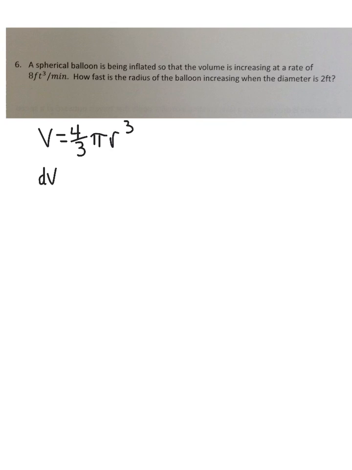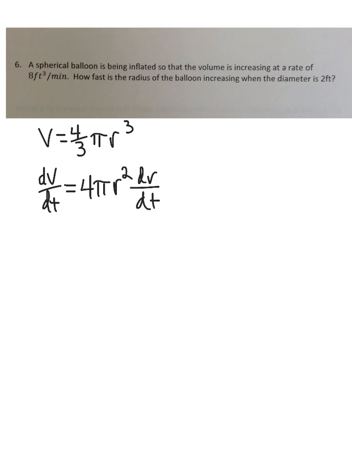So we have dV/dt equals, okay, and remember that we are going to be taking the derivative, so we're going to take this 3, and we're going to put it in front and multiply it by the 4/3, which means that this 3 and this 3 will cancel each other out, right? Because we're doing 4/3 times 3 over 1, which is just going to be 4. So we've got 4 pi r squared and then dr/dt.